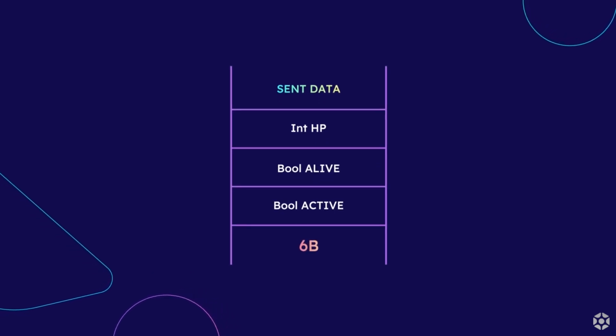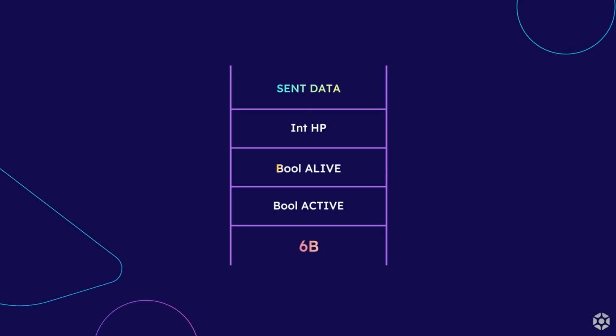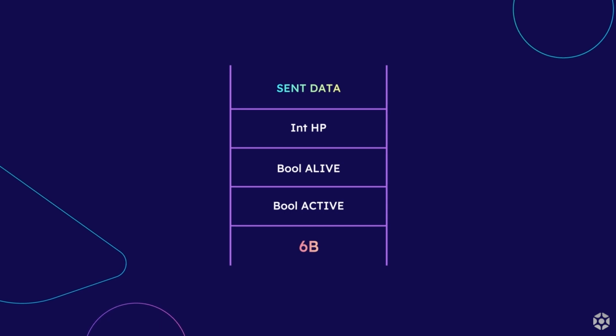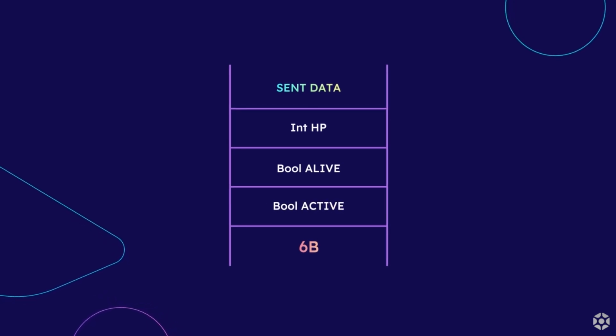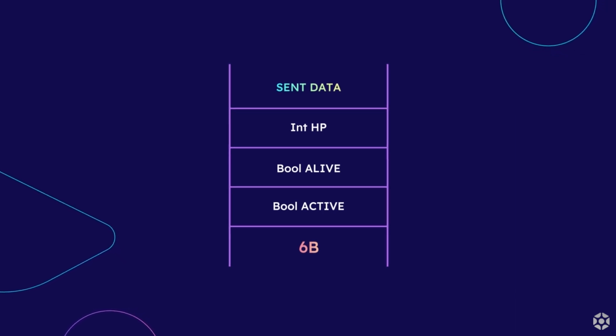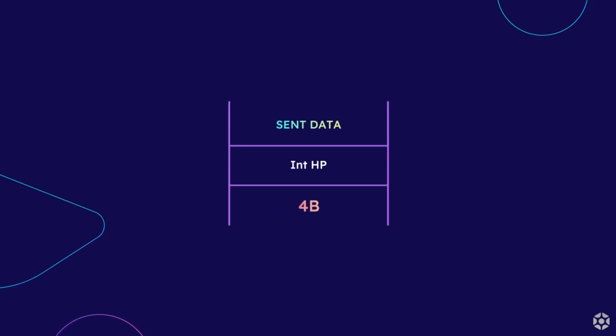In case of killing a player, you could be sending the information about his HP, whether he's alive or dead, and whether his game object has been deactivated. Or you could just send the information about his current HP and let the client side figure out on its own that since it's below 0, the character should be killed and its game object turned off.